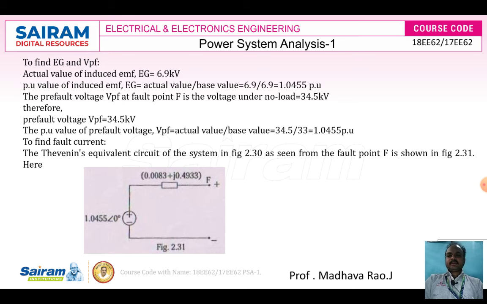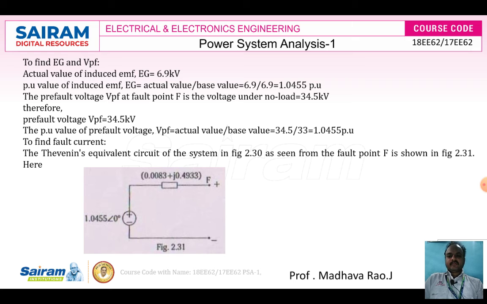The pre-fault voltage VPF at the fault point is the voltage under no load, 34.5 kilovolt. Its per unit value is actual value by base value, 34.5 divided by 33, which is 1.045. So we have the pre-fault voltage and the induced EMF EG.